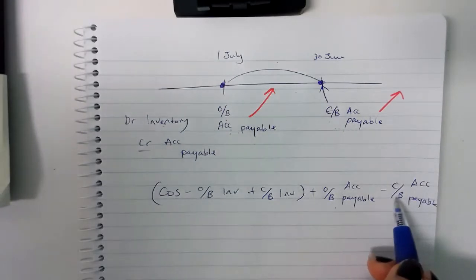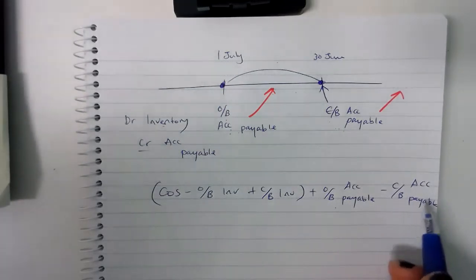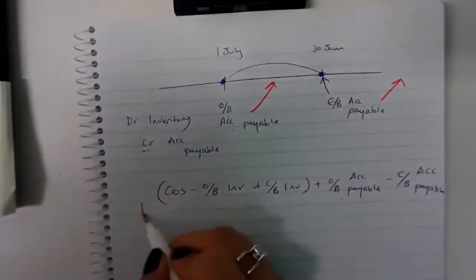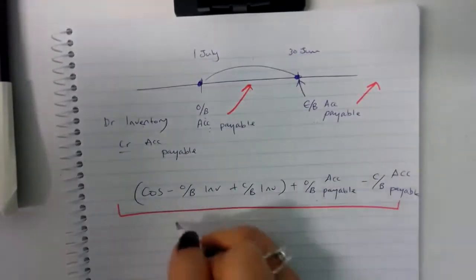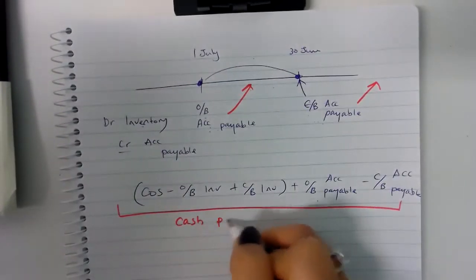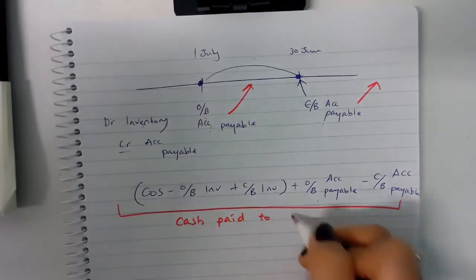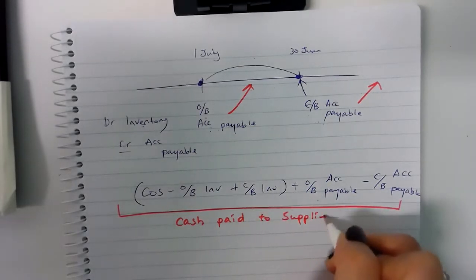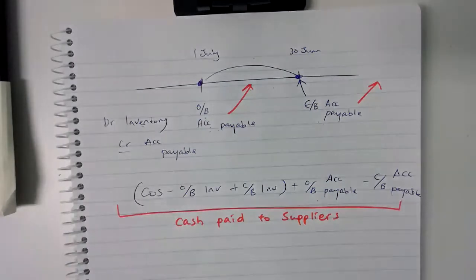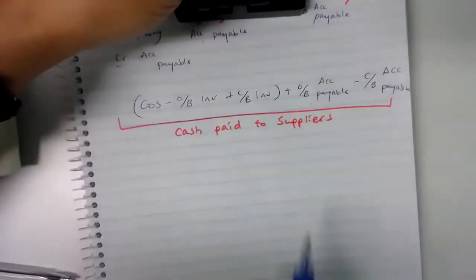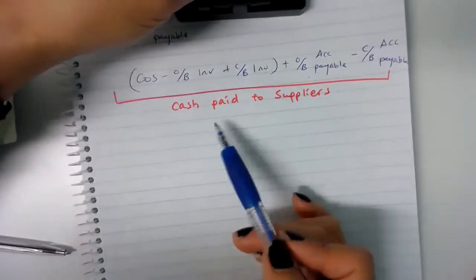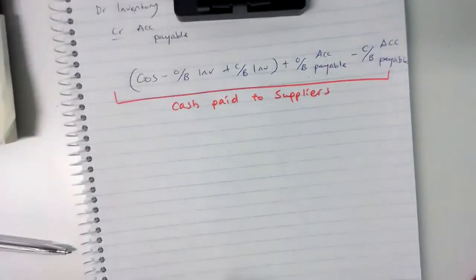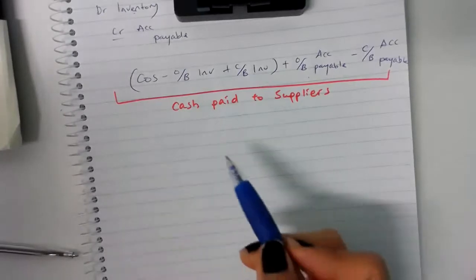That's why we need to take away closing balance of accounts payable. Now, that is to work out cash paid to suppliers. Essentially, how much inventory have they bought during the year and paid with cash? That's how we work out the cash payments to suppliers.